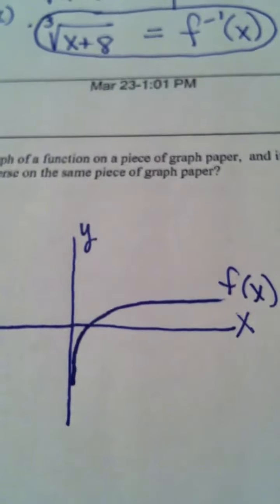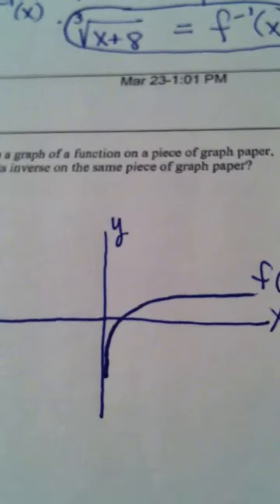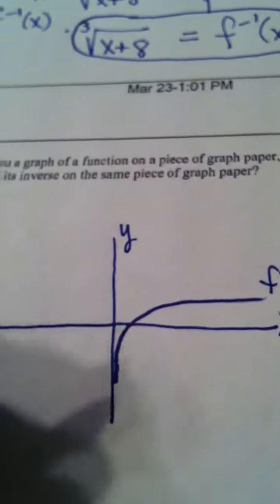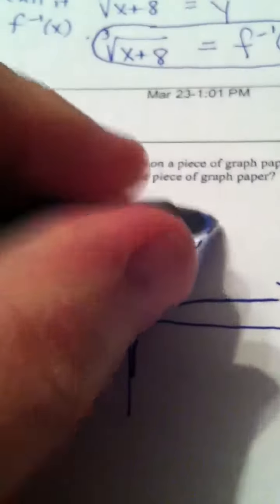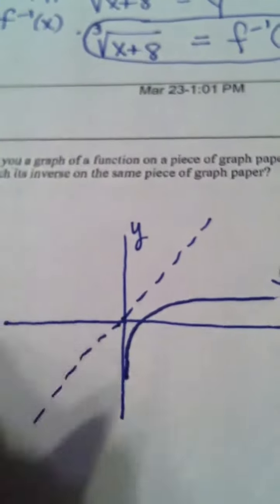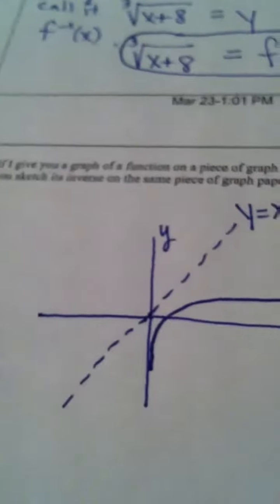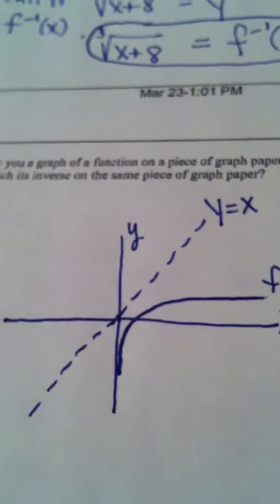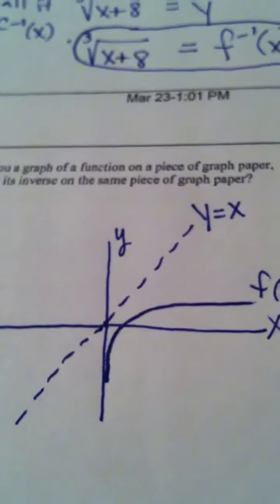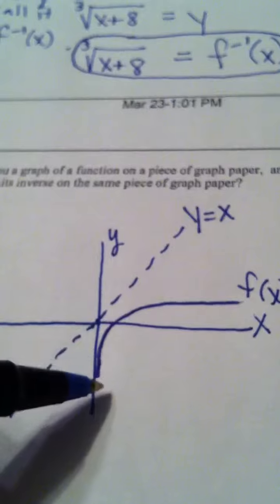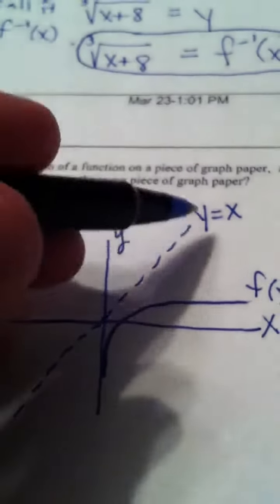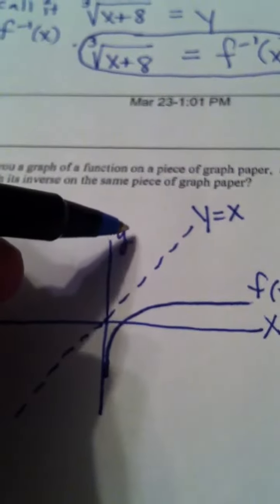If I ask you to sketch f inverse of x, there are a couple ways to do it. One way would be to use the fact that the line y equals x is a line of symmetry when it comes to inverse functions. So if I want to find the inverse of this function, I use this line as a line of symmetry.